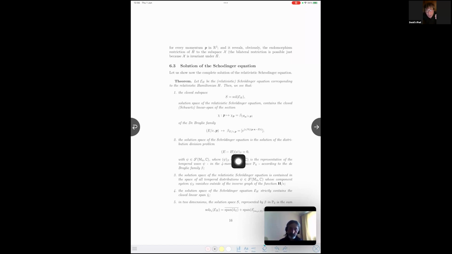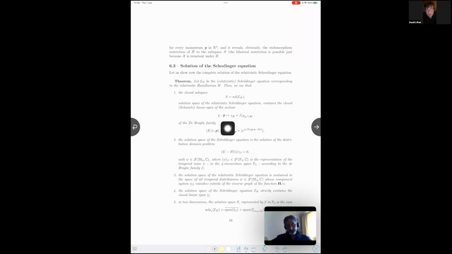So the solutions A of this division problem are nothing more than the system of components of the solution psi with respect to the de Broglie family. So this is, as you can understand, the most important result.